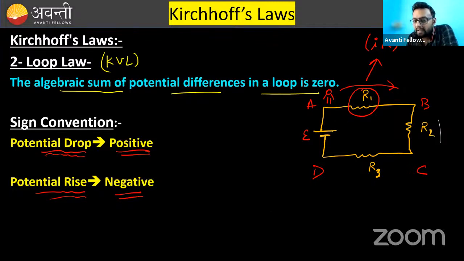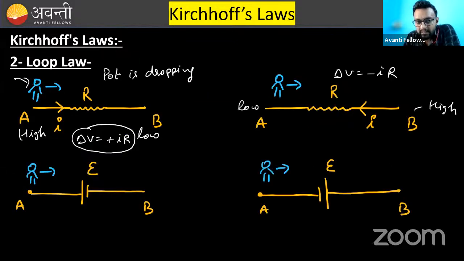So whenever you are moving in the direction of current, this is the battery. Can you say that this is the direction of current? From the positive, current will start. So whenever you are moving in the direction of current, potential will drop. When you are moving opposite to the direction of current, then potential will be rising.